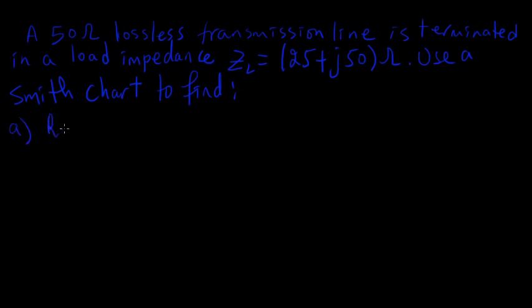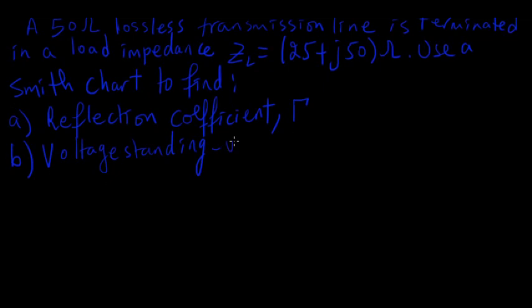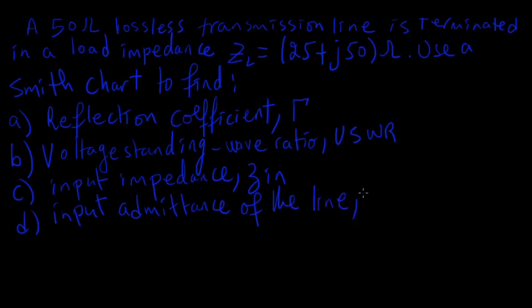A, reflection coefficient, or the gamma, and B, voltage standing wave ratio, or VSWR, and input impedance, or Zin, and finally input admittance of the line, or Yin.